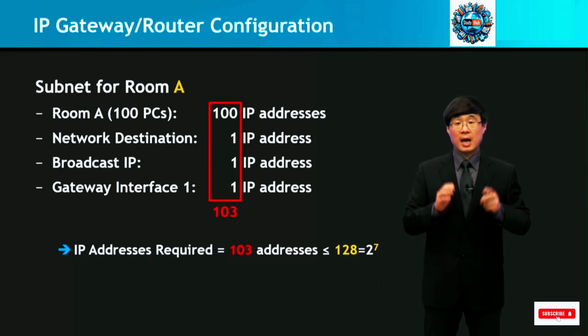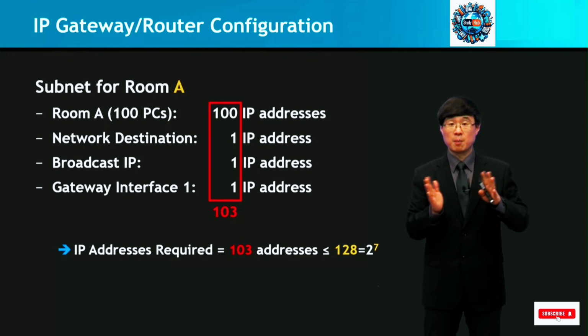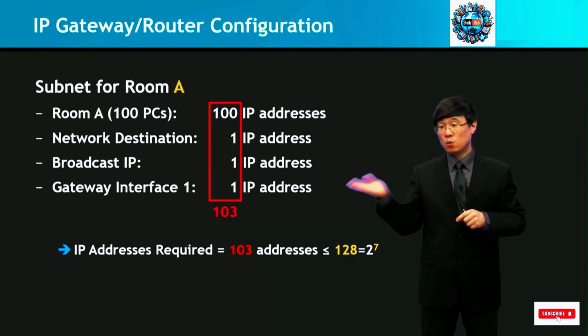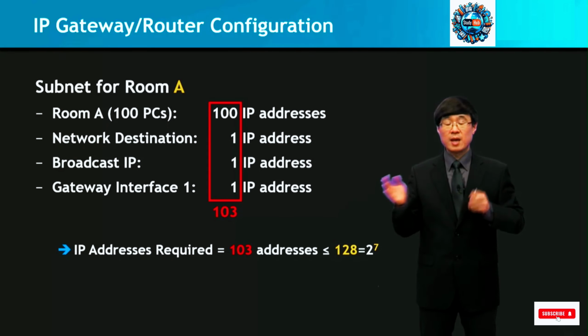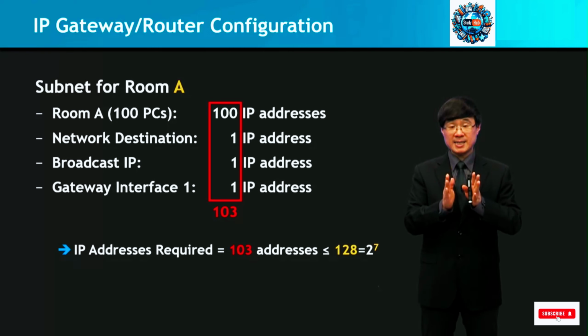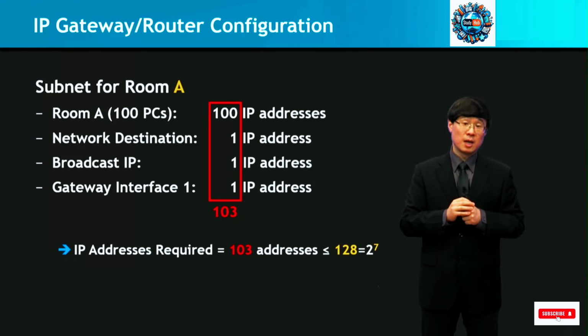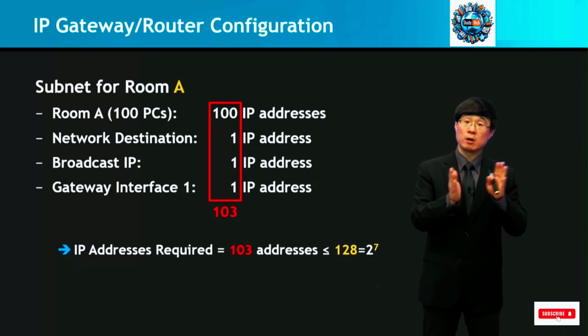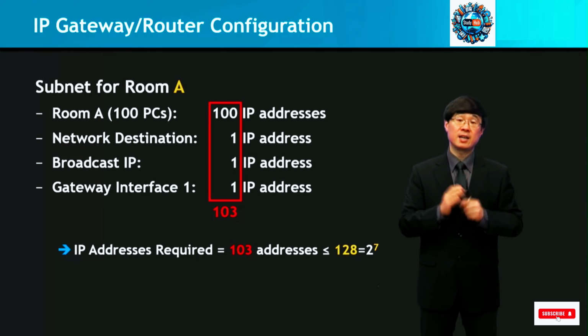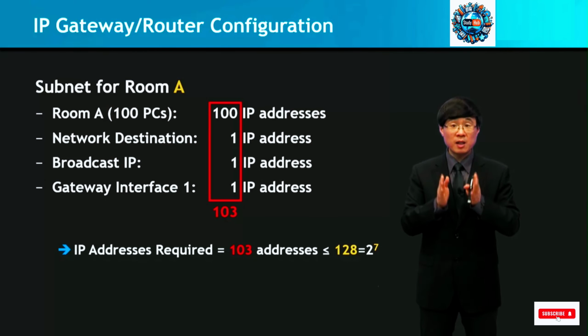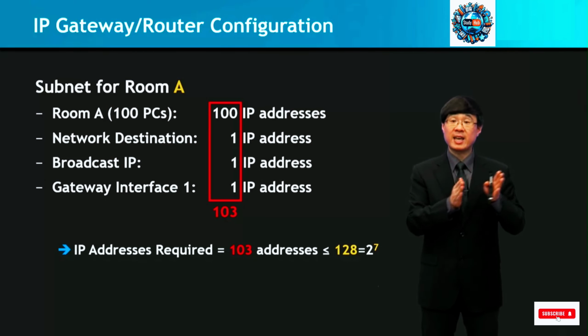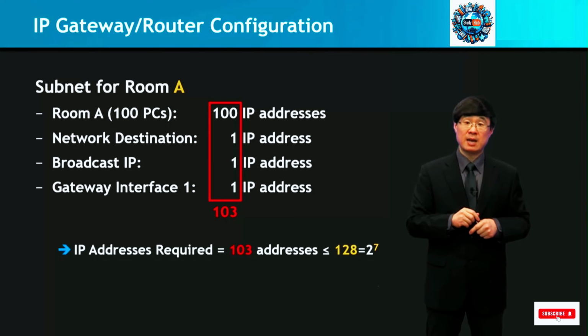Now, I'm going to look at the subnet size, and this is where we look into some number comparing. I need 103 IP addresses, and the subnet sizes are always powers of 2. In other words, 2 to the power 1, 2 to the power 2, 2 to the power 3, going up and up. Now, I need to find the smallest subnet size that can fit 103 IP addresses.